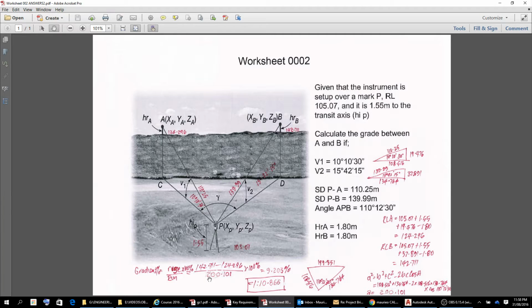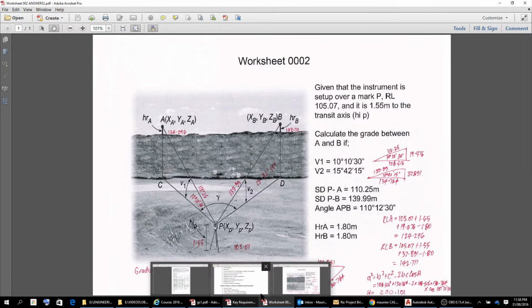So yes, 200.101 divided by the difference should give you 10.866, which gives you a 1 to 10.866. If you wanted to work it out from the percentage, of course, it's 100 divided by 9.203, which should give you 10.866.